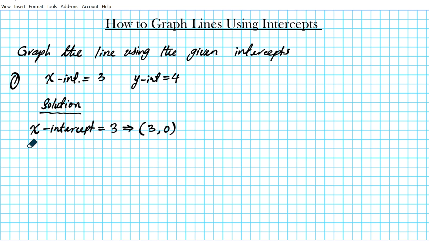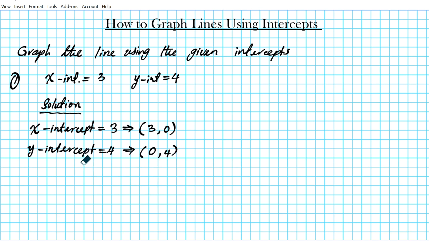And if the y-intercept is equal to 4, it means that the graph cuts the y-axis at the value y equals 4, and it goes through the point (0, 4). So if you have the intercept of a particular axis, you have that value. The intercept will have that value at the coordinate point, and every other coordinate value will be 0.